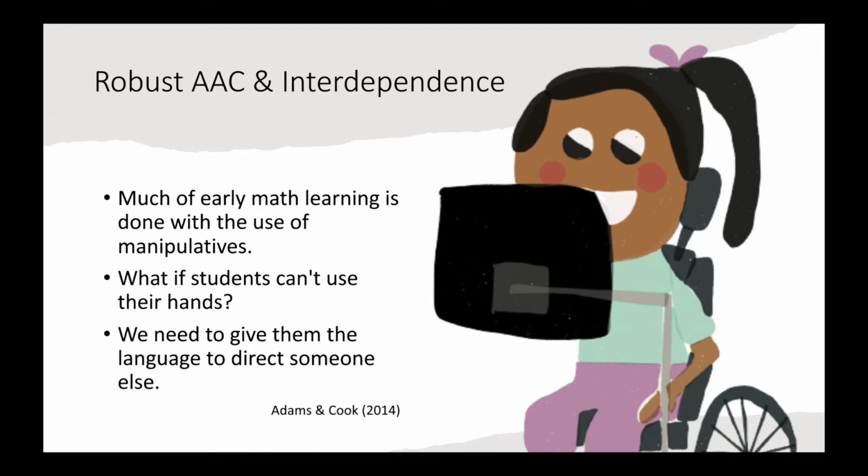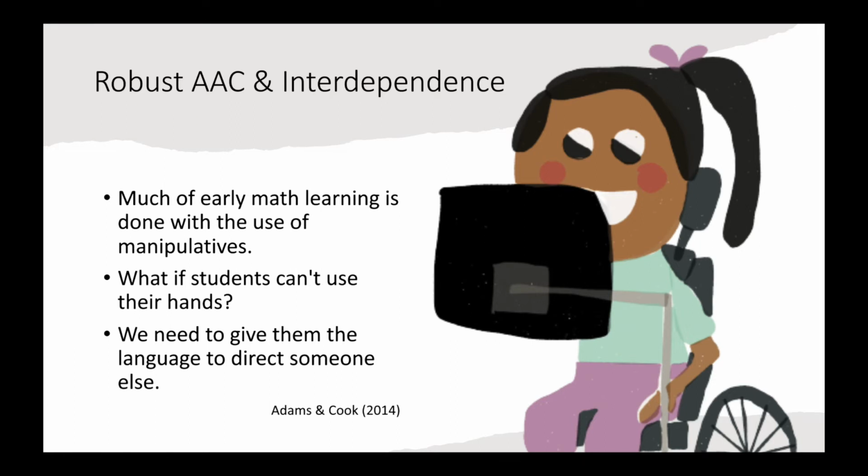So even if they can't manipulate manipulatives with their hands, if we give them the words to talk about manipulating manipulatives, adding things to a pile, taking them away, they can actually direct someone else to do this.